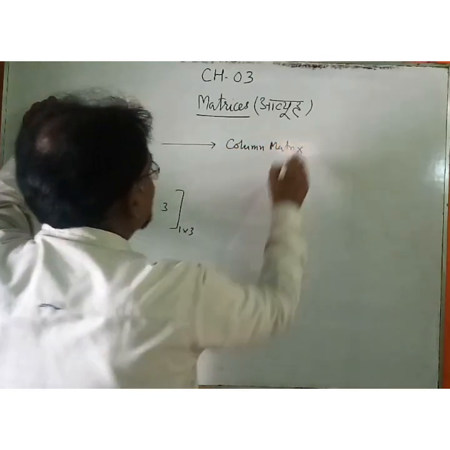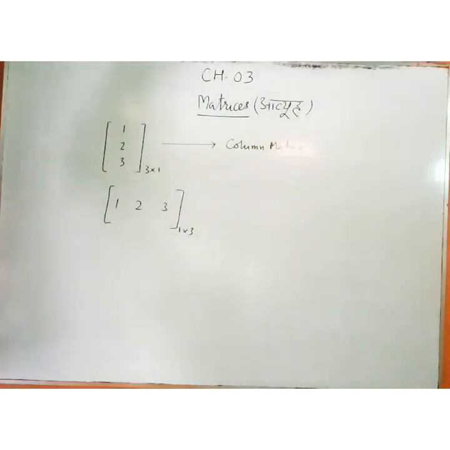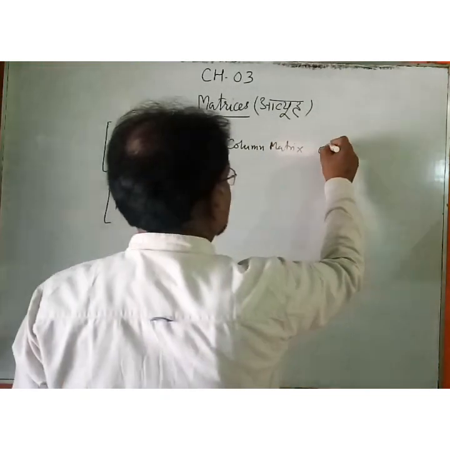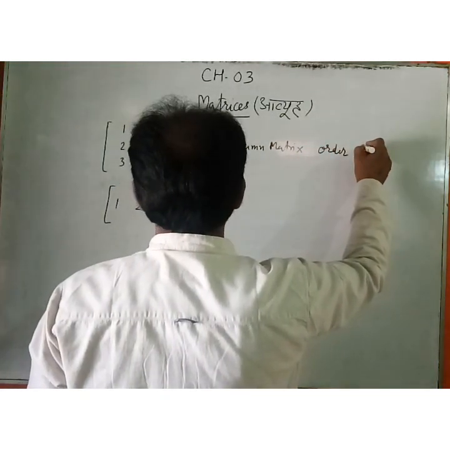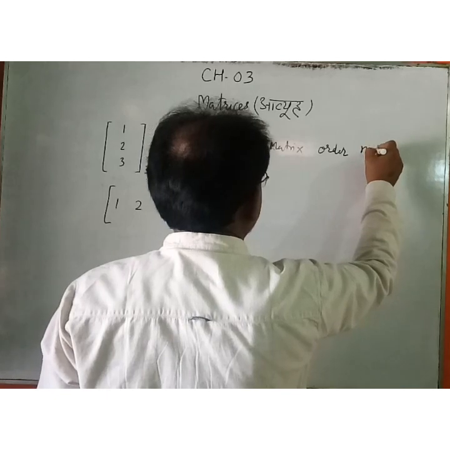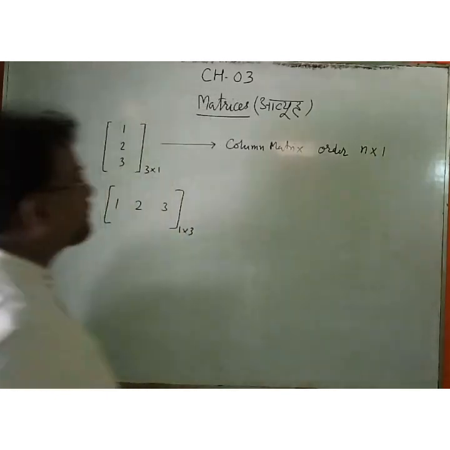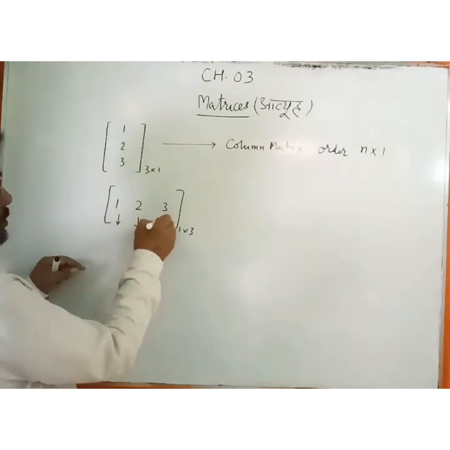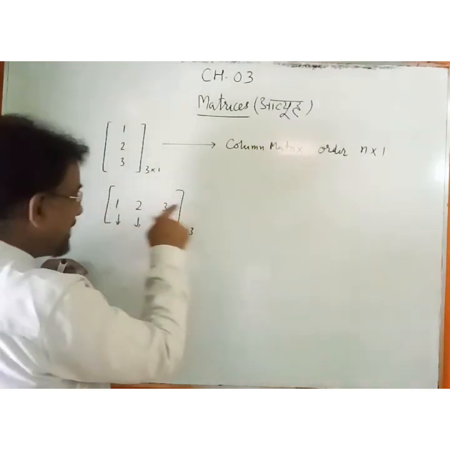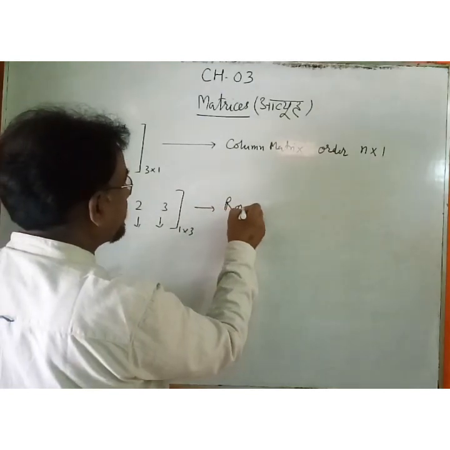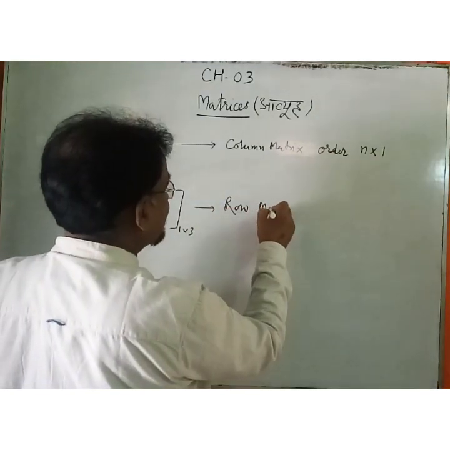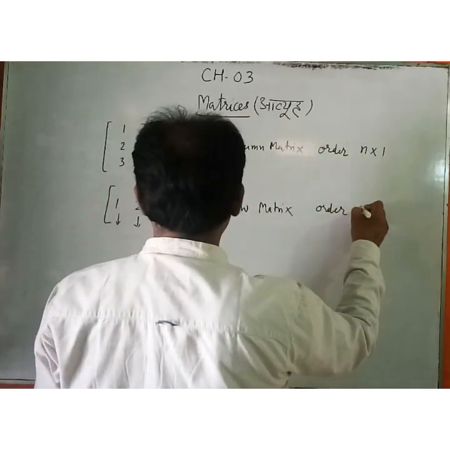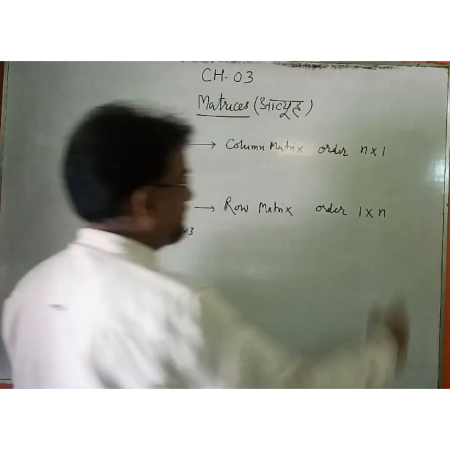What is a column matrix? A matrix having any number of rows but only one column is known as a column matrix. For a column matrix, the general order will be n cross 1. In the other matrix you can see that there are 3 columns and only one row. So this matrix is known as a row matrix, and this row matrix has an order of 1 cross n in general.